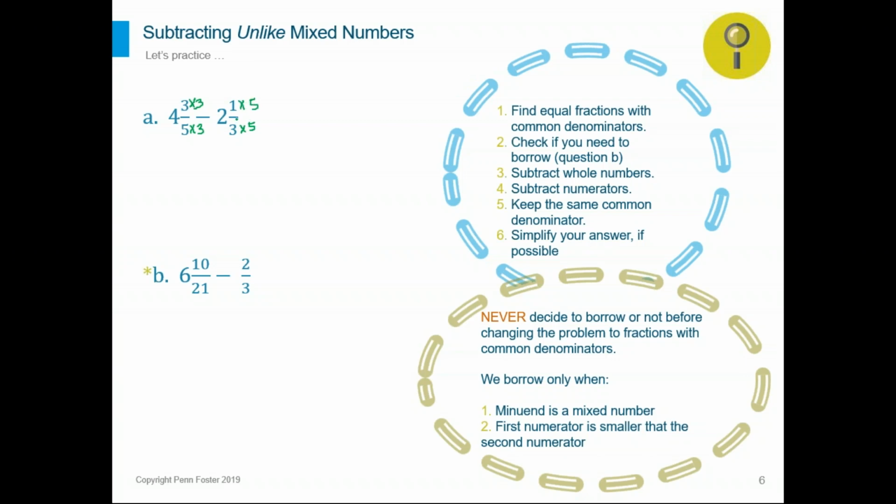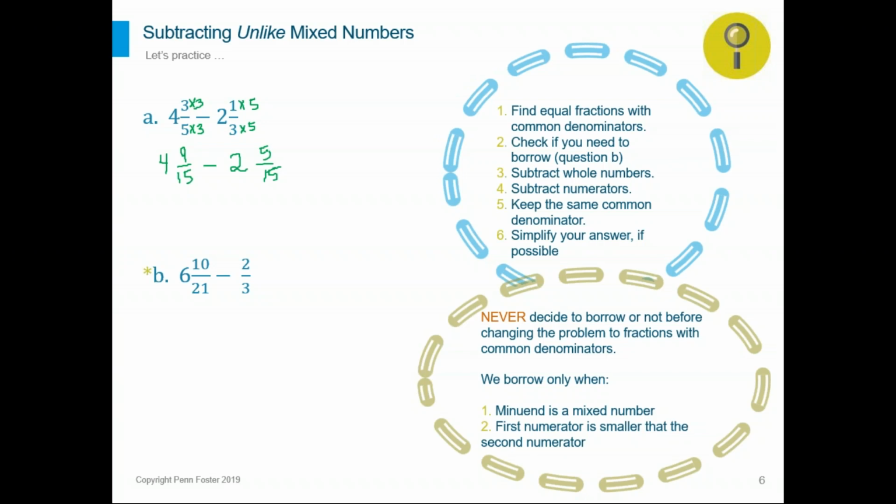Let's rewrite the problem. We have 4, 3 times 3 is 9, 5 times 3 is 15, minus 2 is as is, 1 times 5 is 5, over 3 times 5 is 15. Okay, let's try to subtract and see if there are any problems. Well, 4 minus 2, yes, we can do that. 9 minus 5, yes, we can do that.